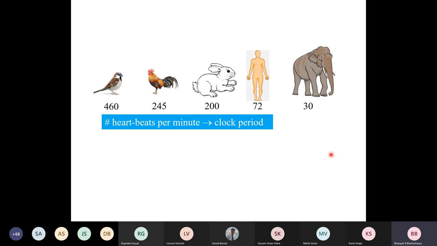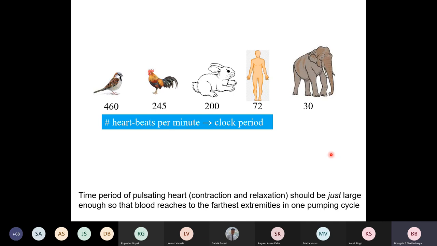But one thing is, if you look at this heartbeat per minute, it is some kind of clock period, right? Because the heart generates and operates with a periodic clock signal like this. As you can see, this time period of the pulsating heart, contraction and relaxation, should be just large enough so that blood reaches the extremities in one pumping cycle.